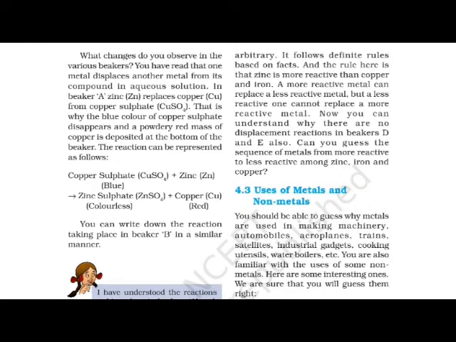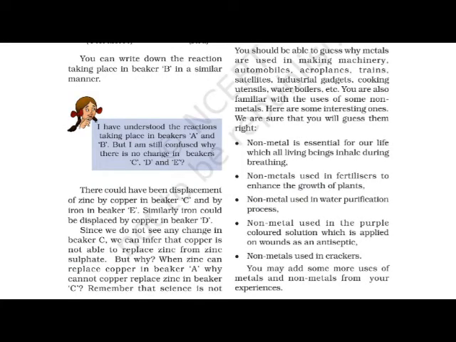A more reactive metal can replace a less reactive metal, but a less reactive metal cannot replace a more reactive metal. That is most important in a given reaction. Now you can understand why no displacement reaction takes place in beakers D and E also. You can get the idea about it.